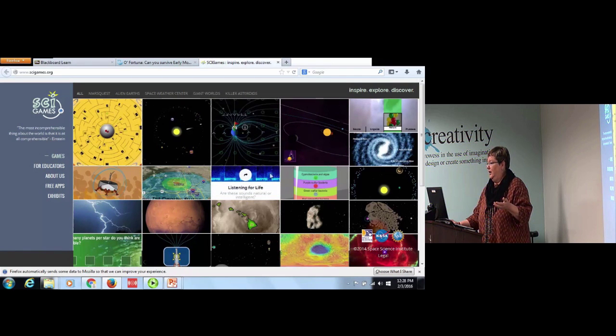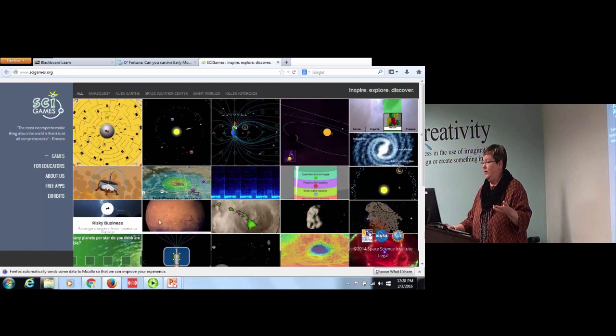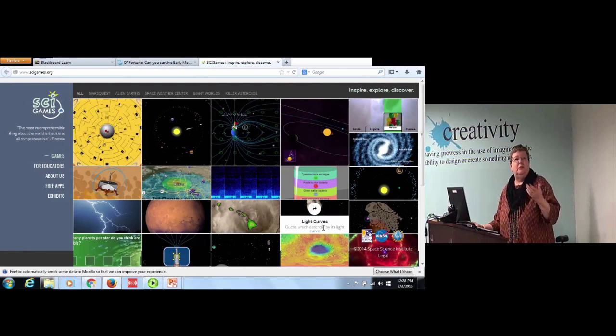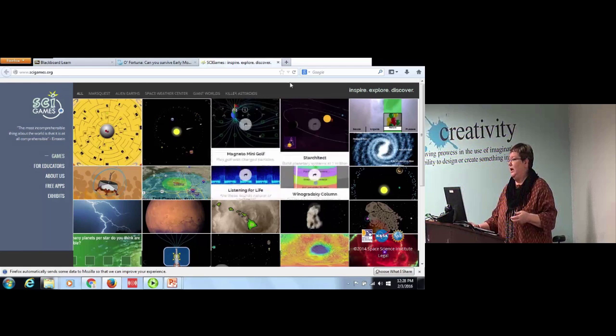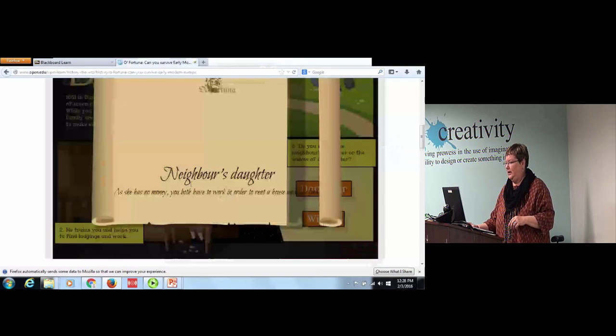I haven't done that one yet. Drop a rock on someone. So there are a variety of things that you can do in this. So this might be a fun way to get students engaged in astronomy or understanding cause and effect or all kinds of things like that.